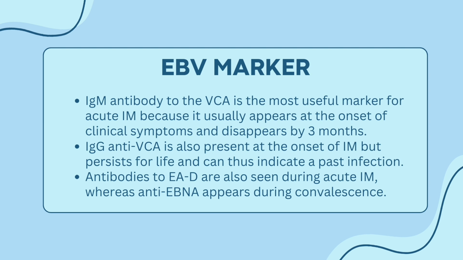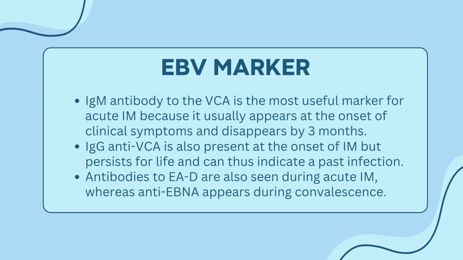IgM antibody to the VCA is the most useful marker for acute IM because it usually appears at the onset of clinical symptoms and disappears by 3 months. IgG anti-VCA is also present at the onset of IM but persists for life and can thus indicate a past infection. Antibodies to EAD are also seen during acute IM, whereas anti-EBNA appears during convalescence.